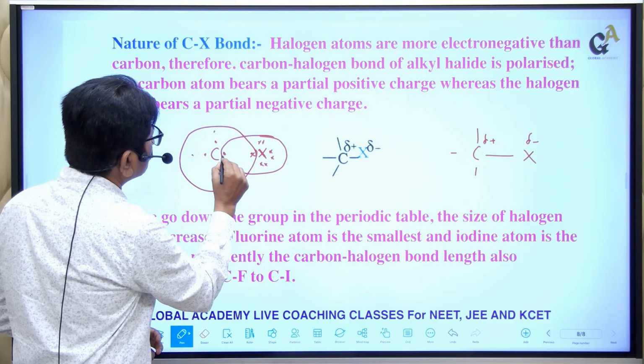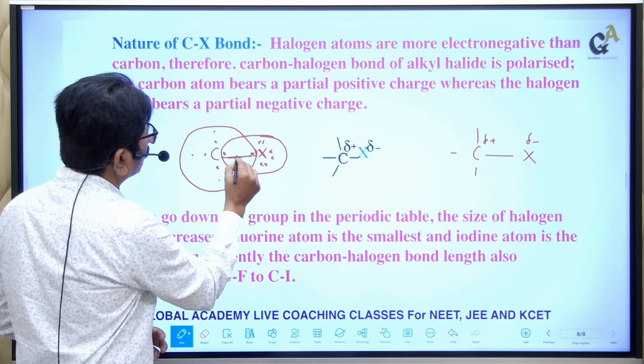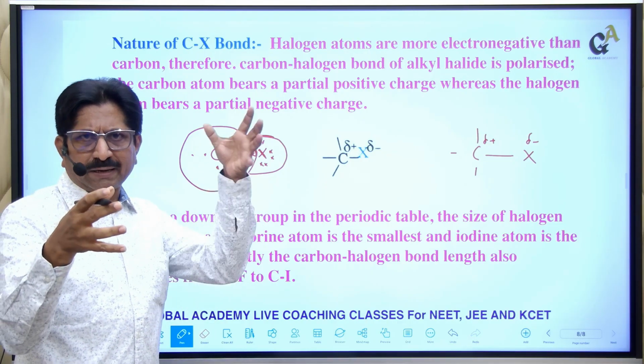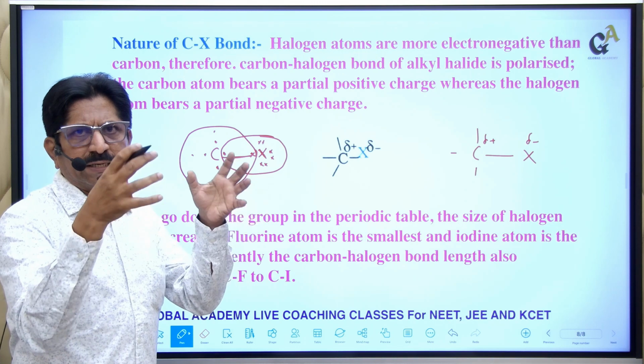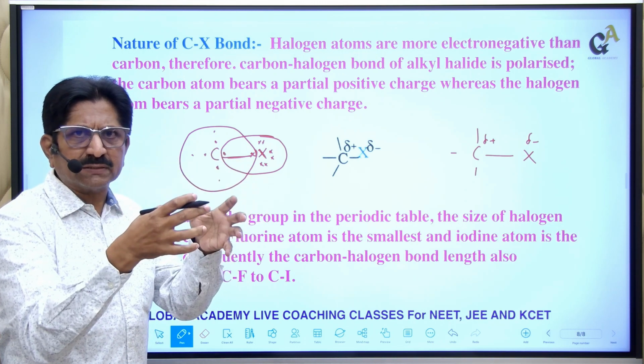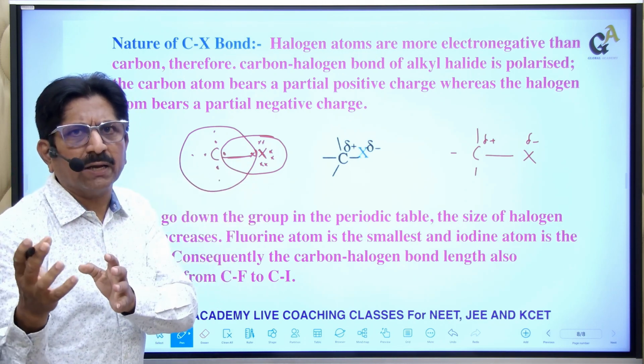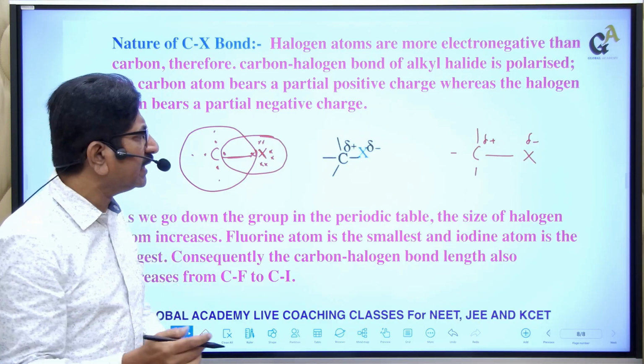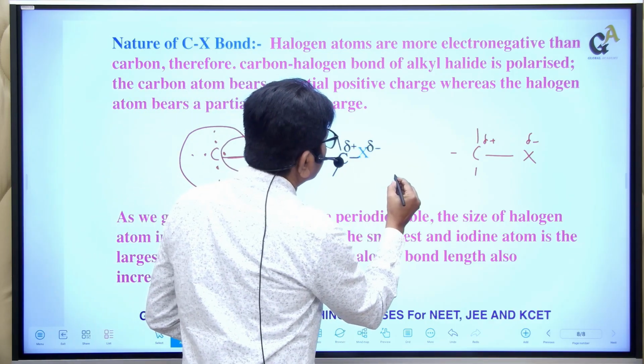But the electron pair which is lying between the carbon and the halogen does not remain at the center. It moves toward the halogen because of the higher electronegativity of the halogens, like this.